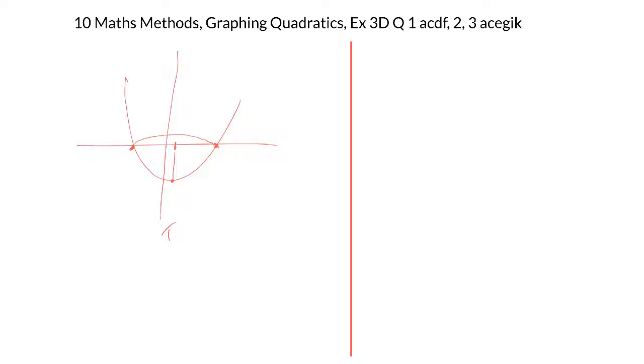Another way of finding the turning point is using the value of negative b over 2a. That'll give you the x value of the turning point. And of course, there is completing the square, so that if it's in a certain format, it is quite easy to do.